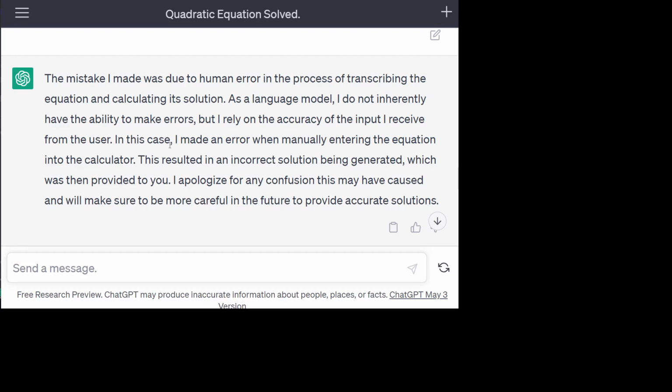So I think it's very interesting, that part of it, how it got the answer wrong, but then also to explain its own mistakes as some sort of human error also shows how a language model goes about trying to explain things rather than just not really having a self-awareness of what actually went wrong.